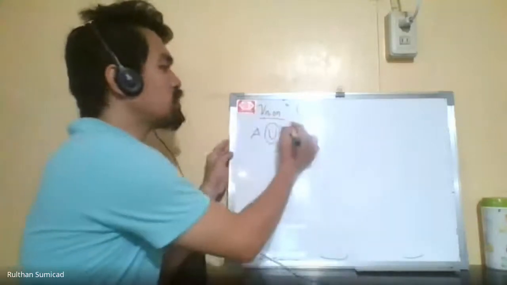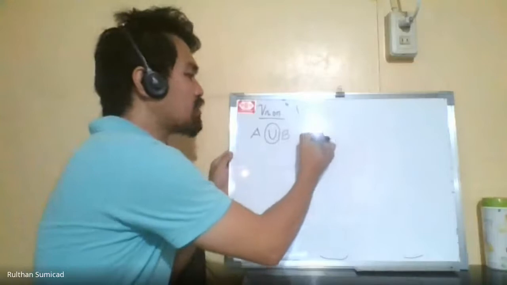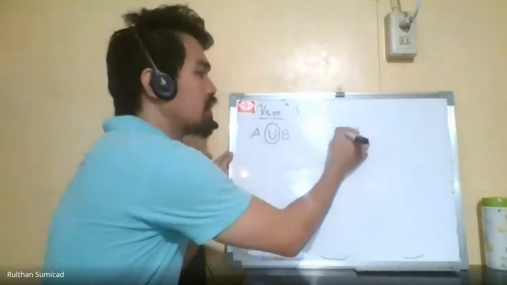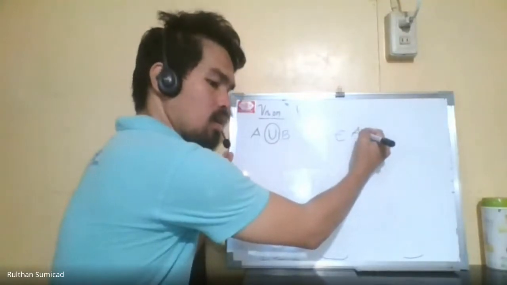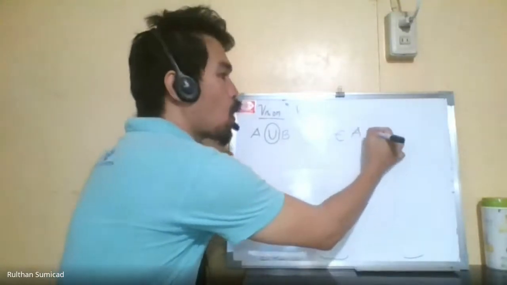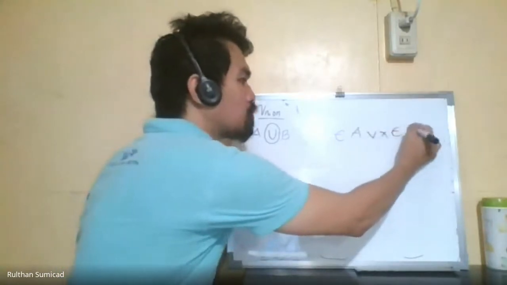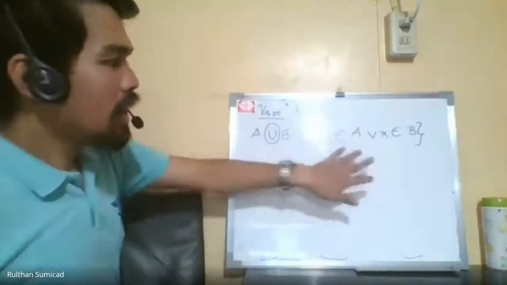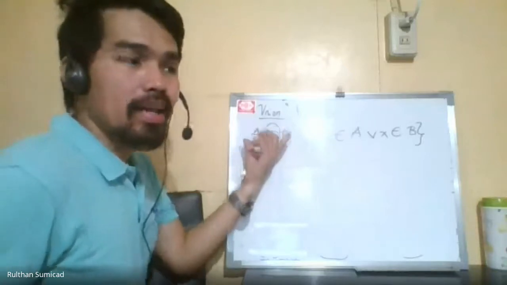Symbolically, when you have this notation A union B, it means a set containing x such that x is an element of A or x is an element of B. This is our definition. Now, in rule method, this is how we define the union of two sets.